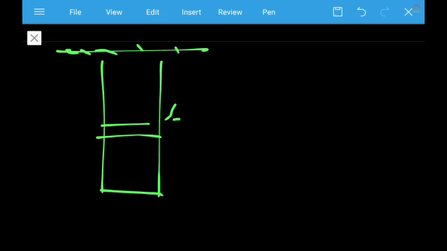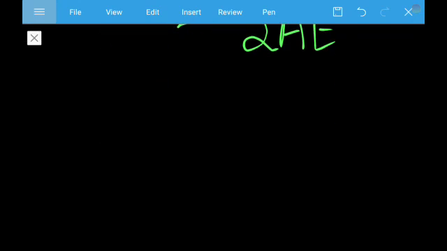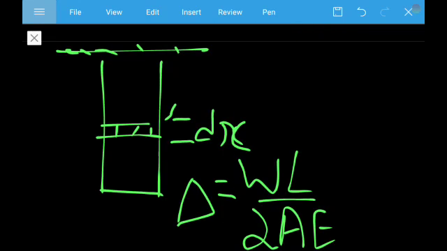Due to this section, say dx, deflection is WL upon 2AE, or it is also equal to gamma L square upon 2E, where W is the weight of the beam, or the self weight.